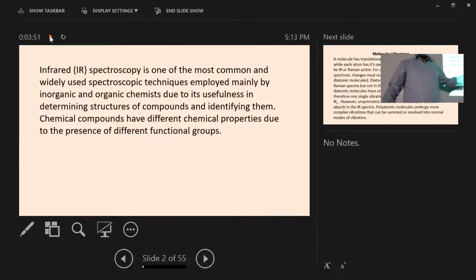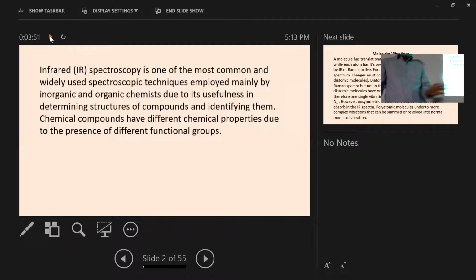Because last time, I mentioned that every individual molecule has a certain region or spectrum that is completely different from others. So the infrared spectrum for this molecule in the 500 to 1500 wavenumber region would be completely different from this.